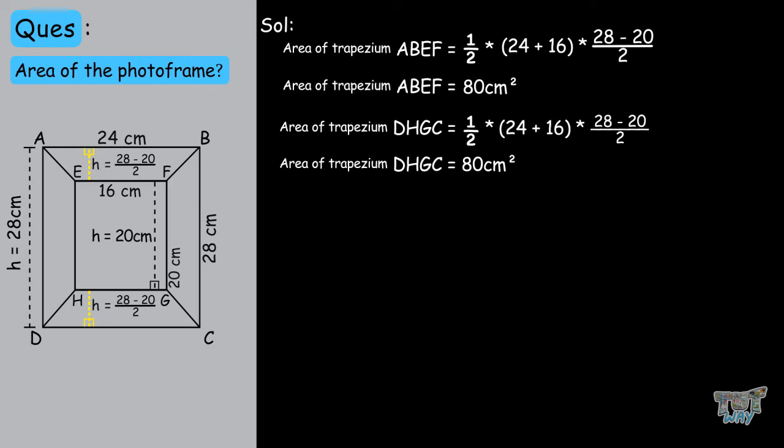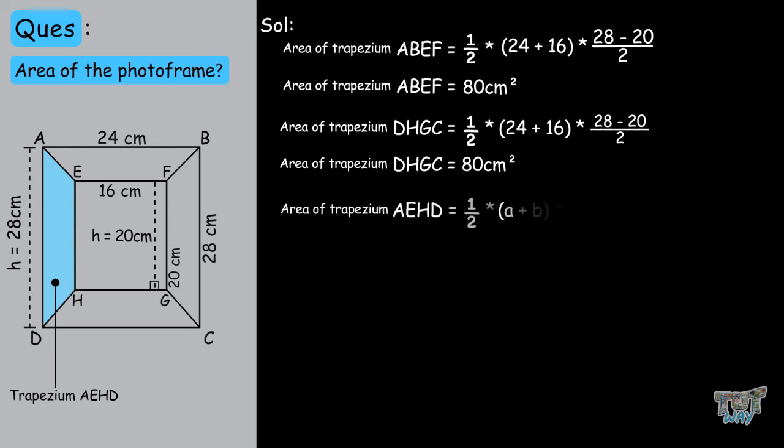We will be finding the area of one trapezium and then multiply it by 2. These 2 trapeziums are BFGC and AEHD. Area of trapezium AEHD is half times a plus b times height. A plus b is 20 plus 28.